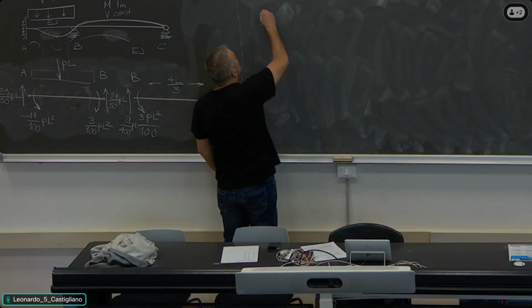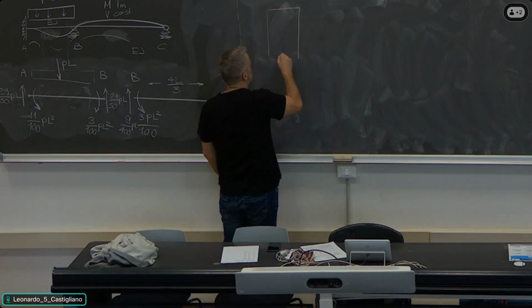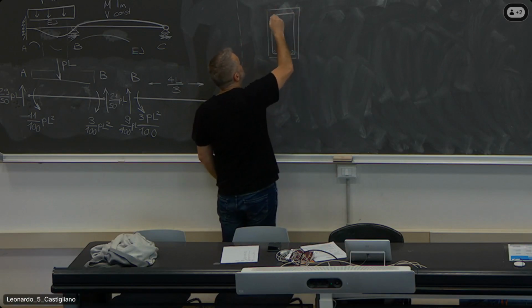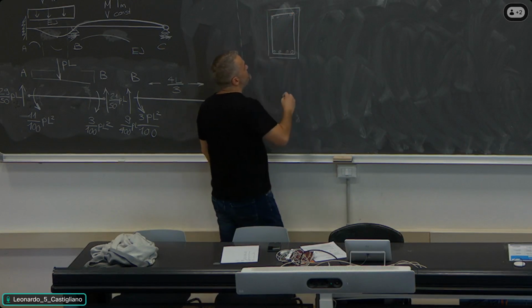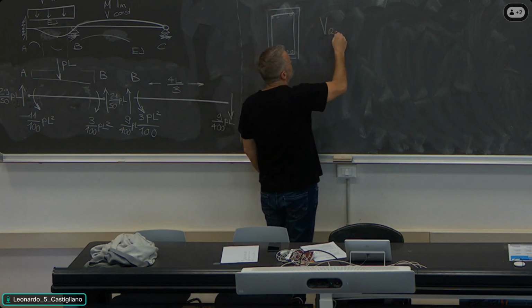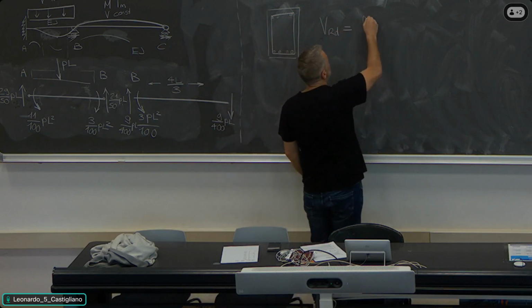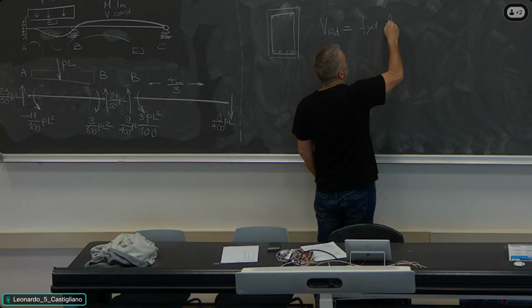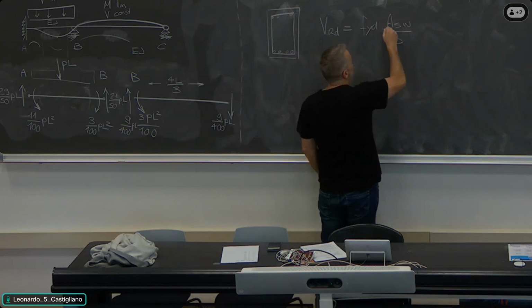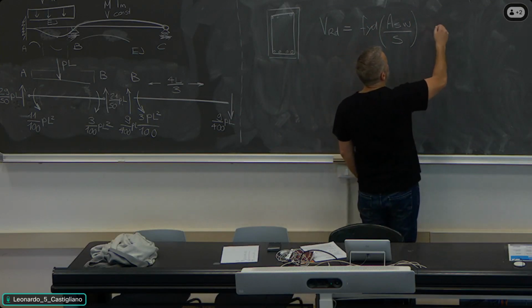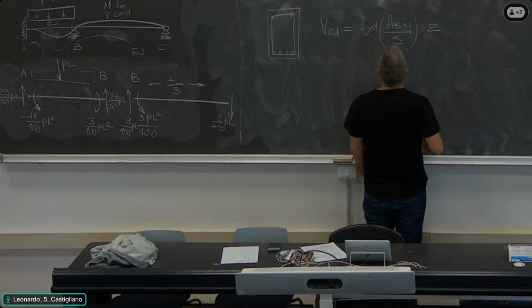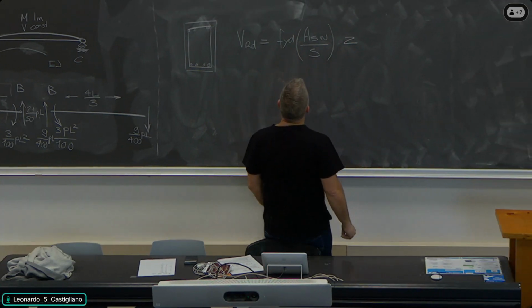So we know that when you have whatever section with stirrups, the maximum force it can bear is equal to FYD times ASW divided by S. This is the transverse reinforcement, multiplied by Z. Am I missing something?